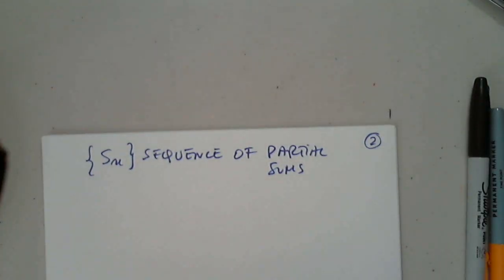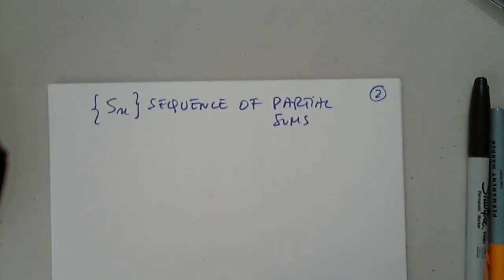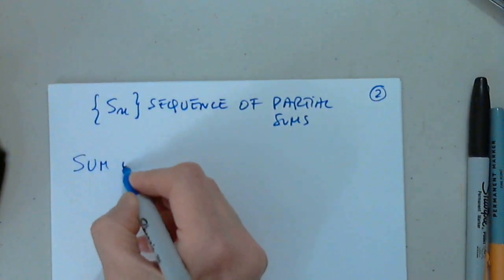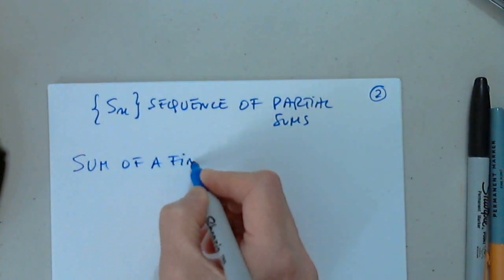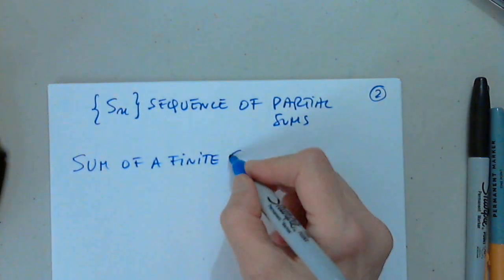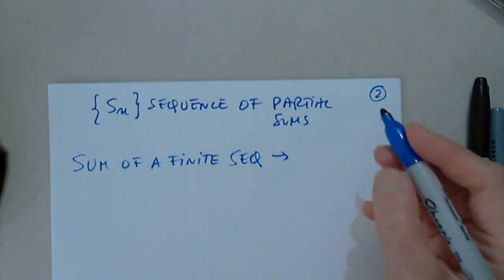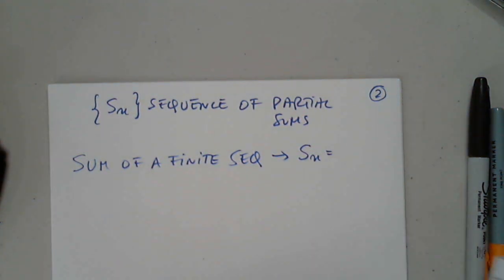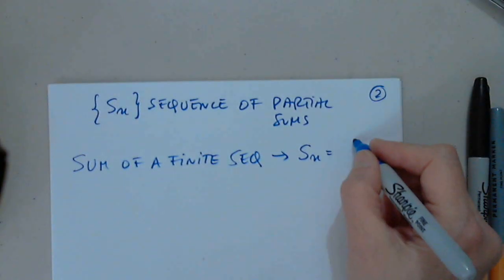Let's continue. So let's just make sure that the two concepts are clear. Sum of a finite sequence, that is S sub n, which I already wrote here, but I want to recap.